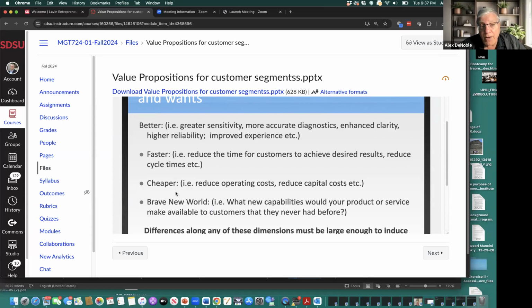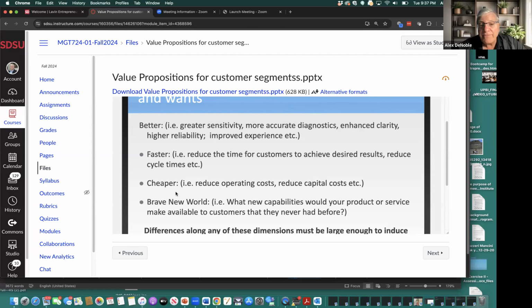Or is your value proposition based on faster, helping your customer reduce their cycle times or speed up their processes? Or are you offering your customers cheaper alternatives? This is known as better, faster, cheaper. Where is your targeted value proposition?